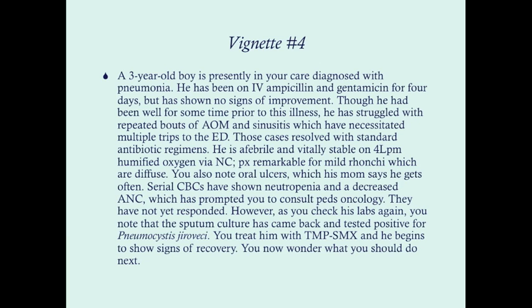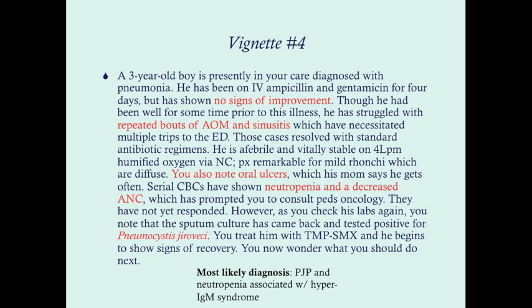Okay, so the diagnosis here is Pneumocystis jirovecii pneumonia as well as neutropenia, and this is associated with hyper-IgM syndrome. Hyper-IgM syndrome is unique among these four we've talked about, in that it implicates the T cells as well. I included it with these B cell defects, even though it's not necessarily a defect of the B cell.